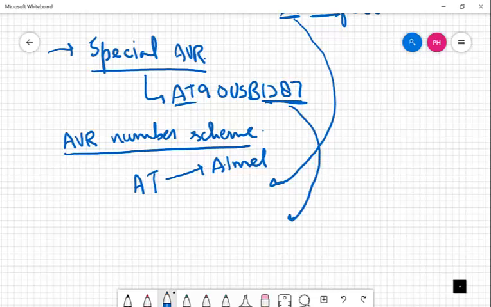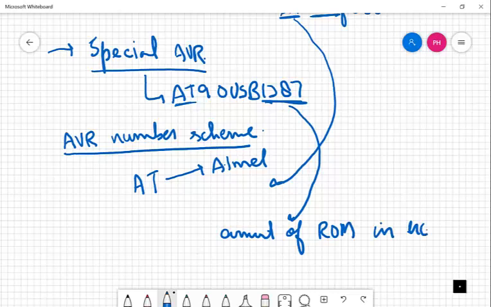This number actually tells us the amount of ROM in the microcontroller. And how to know that? Reading from left to right, like 1287, we have to find the biggest number that is a power of 2. In this case, the biggest number that is a power of 2 is 128.